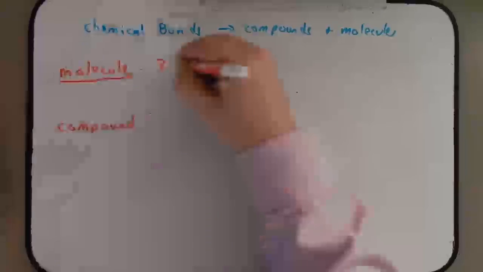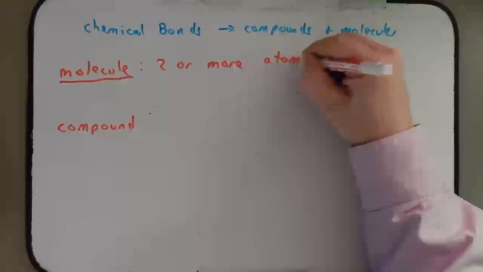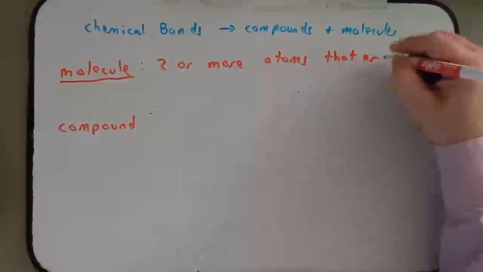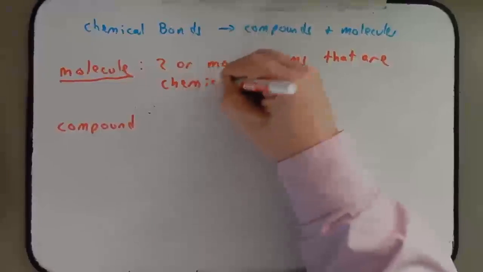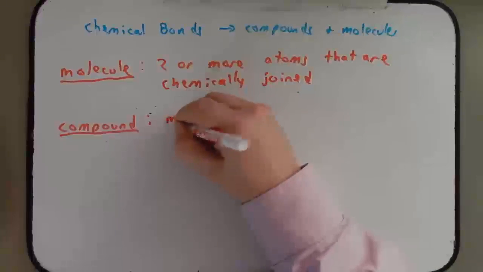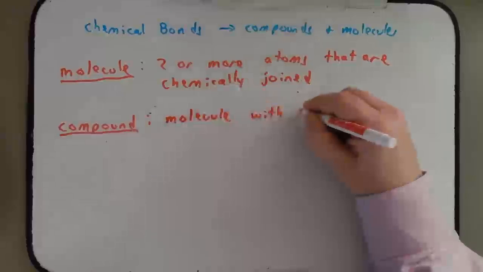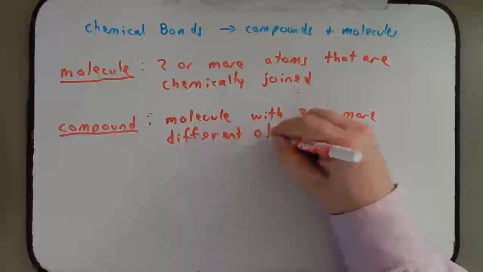Molecules are 2 or more atoms that are chemically joined. A compound is a molecule with 2 or more different atoms.